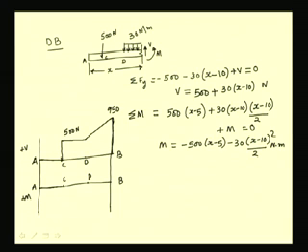For the section CD the bending moment is linearly varying, and for this section DB it varies as a second degree curve.